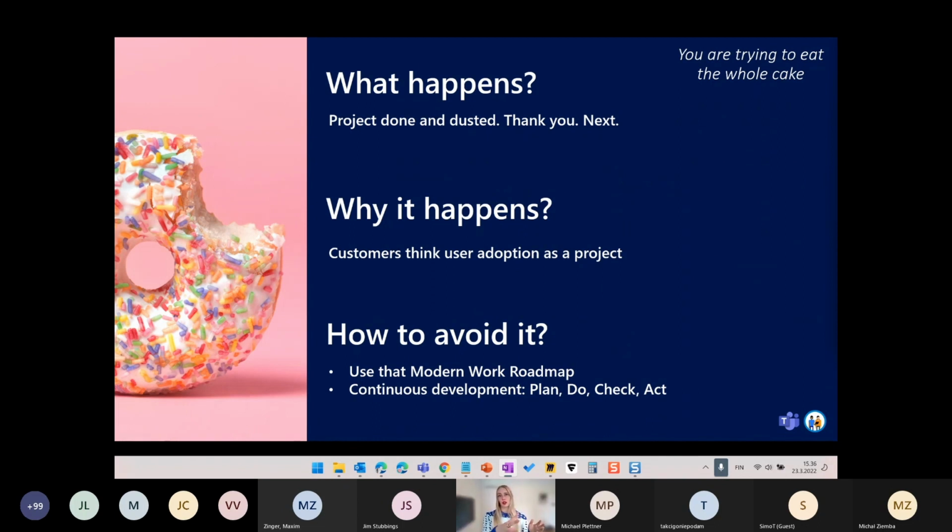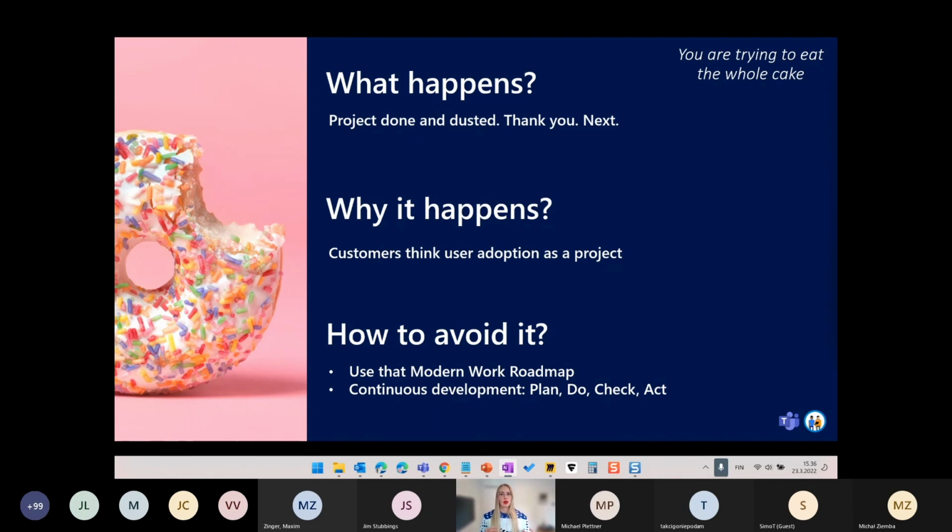Project done, intranet launched, thank you, next project. We have this Teams implementation project. Teams licenses already, Teams has been available for everyone. We are done, thank you, next project. And now we are going into the gap between the technical project and the user adoption part.